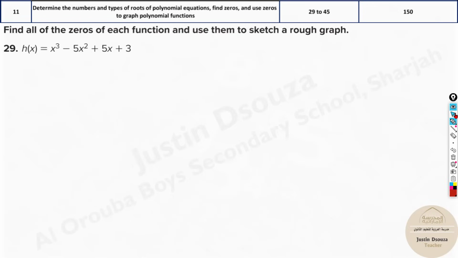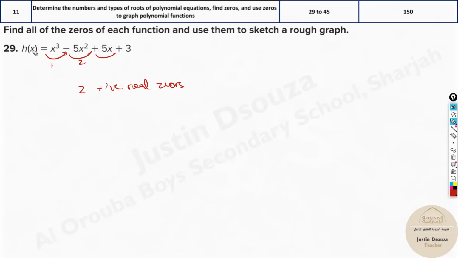Using Descartes' rule, we count the number of sign changes. There is one sign change, then again a sign change, and then no sign change. So there are 2 sign changes, which means there can be 2 positive real zeros or solutions.